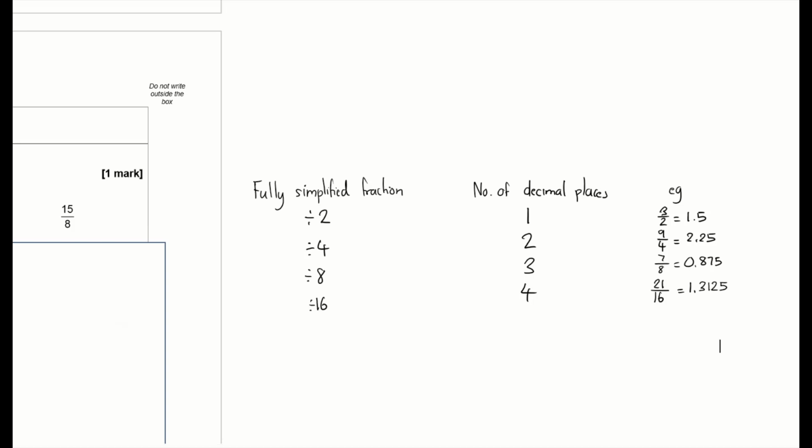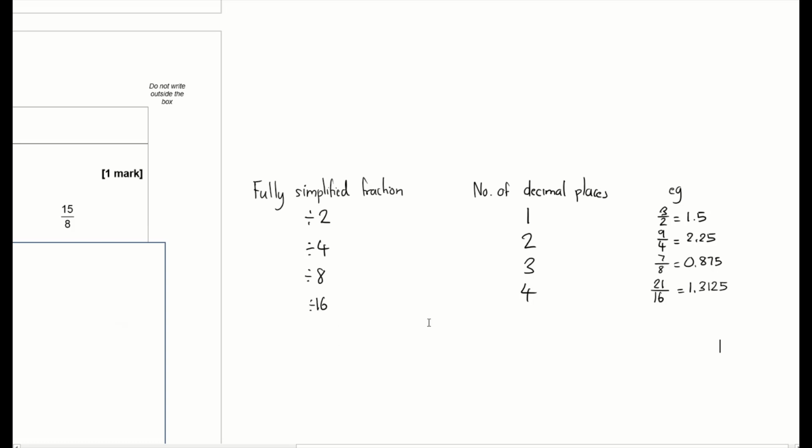If we have a fully simplified fraction that's divided by 2, e.g. 3 over 2, we'd have one decimal place, 1.5. If it's divided by 4, as in 9 over 4, then it has two decimal places, 2.25. If it's divided by 8, it will have three decimal places, as in 7 over 8 equals 0.875.